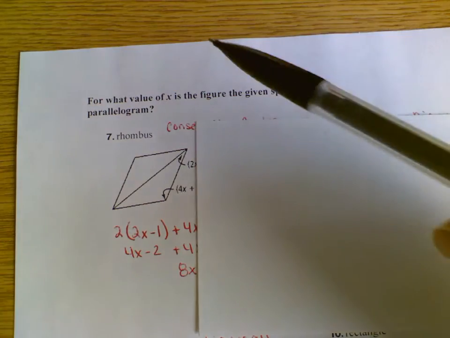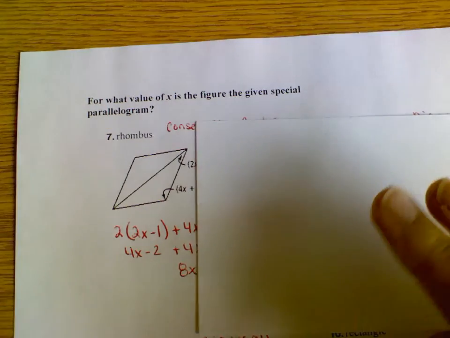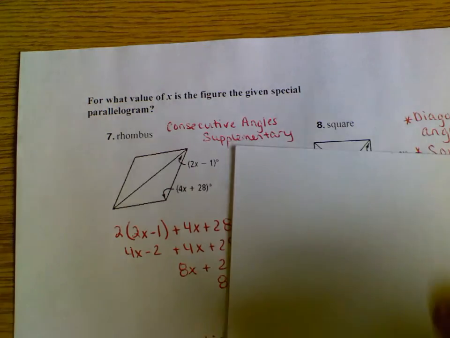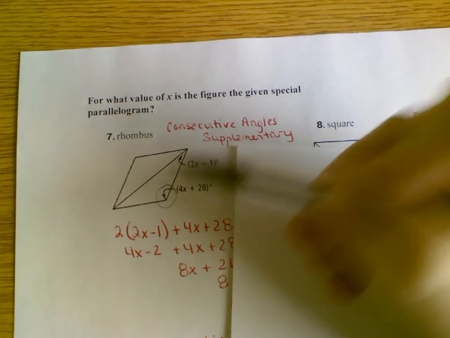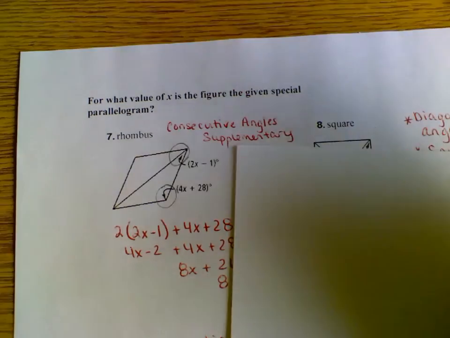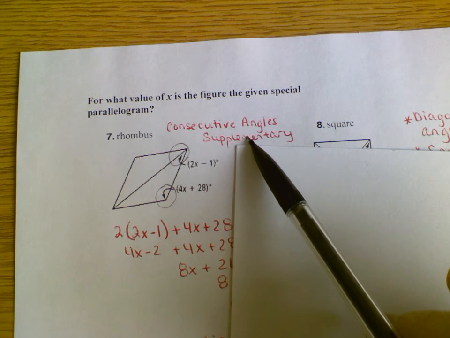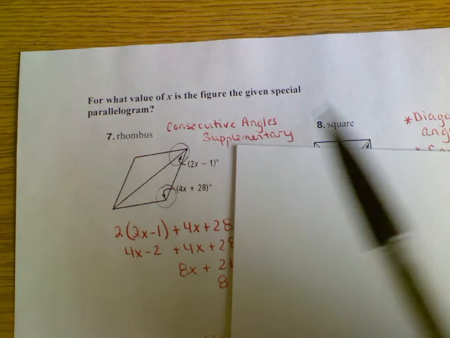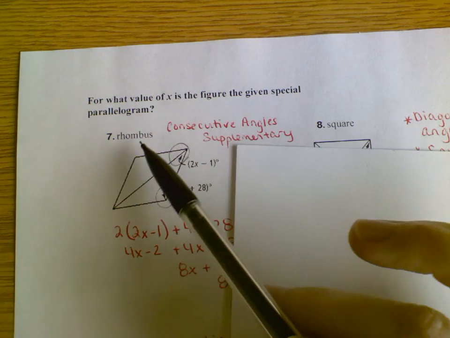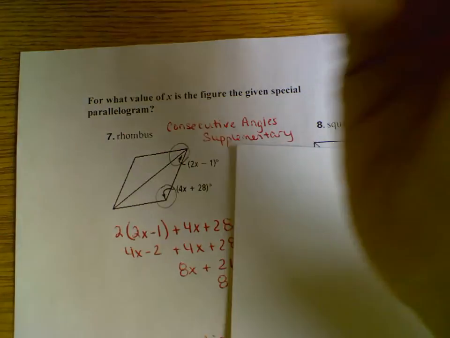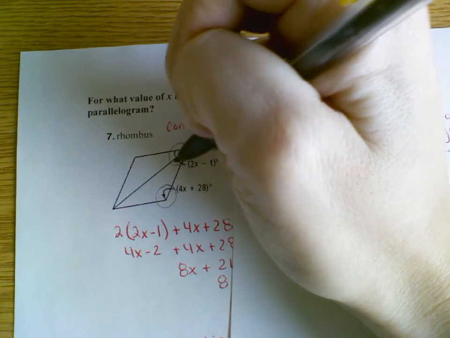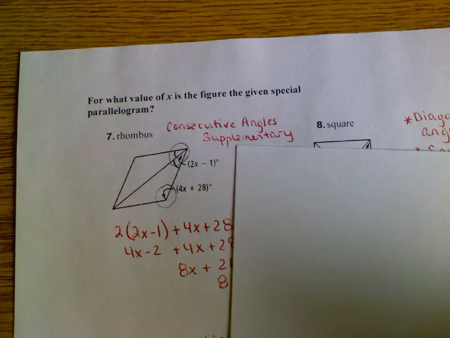Okay, so if I'm a parallelogram, remember that I end up getting this angle and this angle supplementary. Remember, my consecutive angles are supplementary if it's a parallelogram. Well, if it's a rhombus, that means that that diagonal will bisect those two angles.